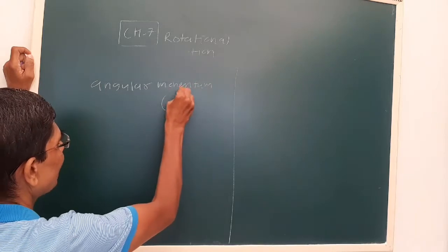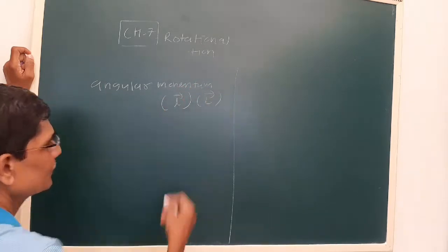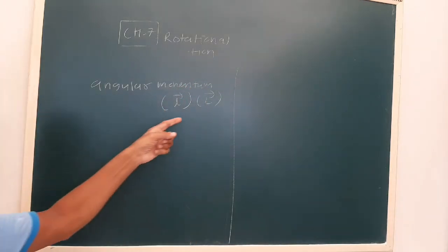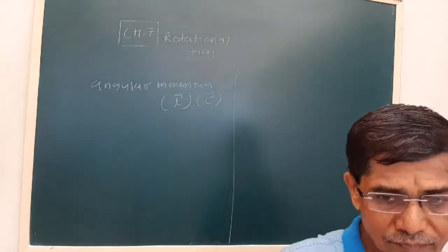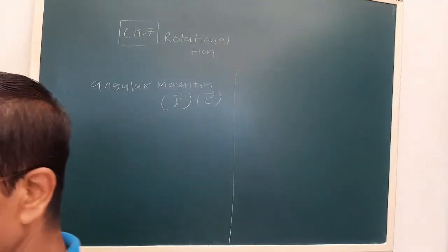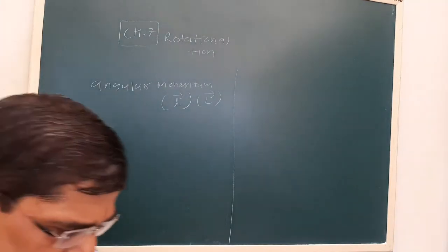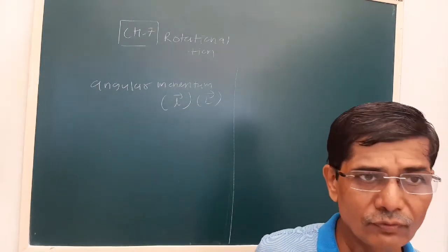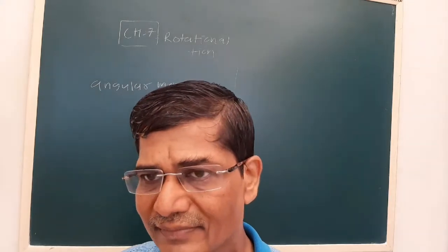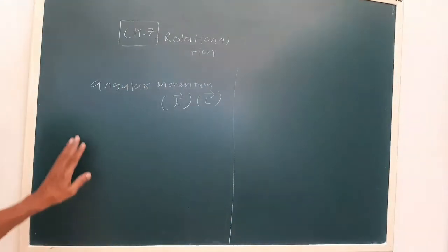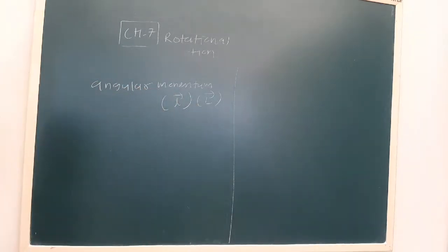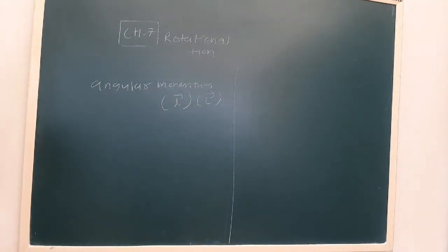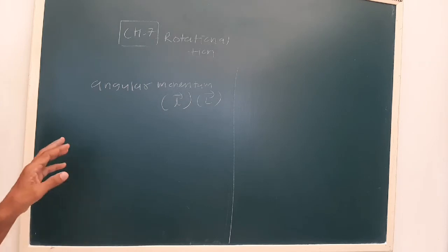It is denoted as L, or sometimes for a rigid body it is capital L. Now see, torque is the effectiveness of force in producing rotational motion. Similarly here, angular momentum is the effectiveness of linear momentum in producing rotational motion.